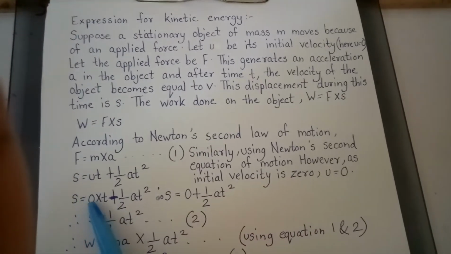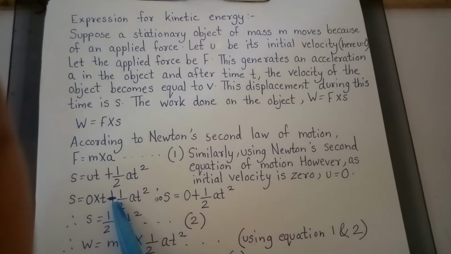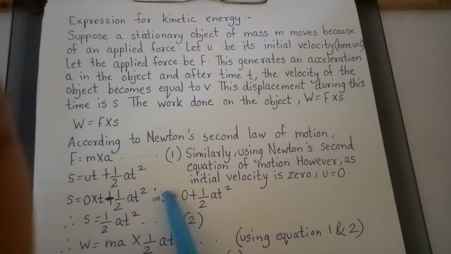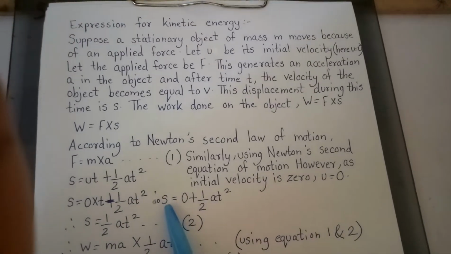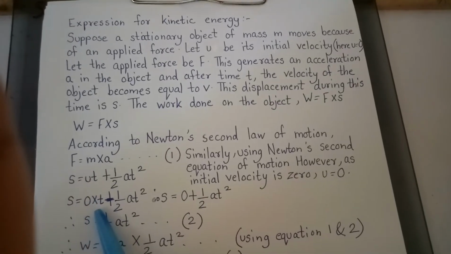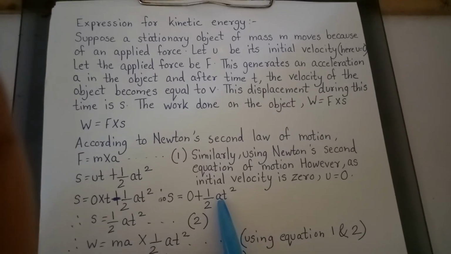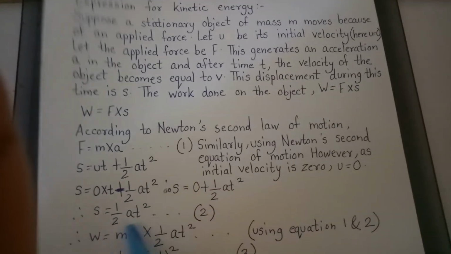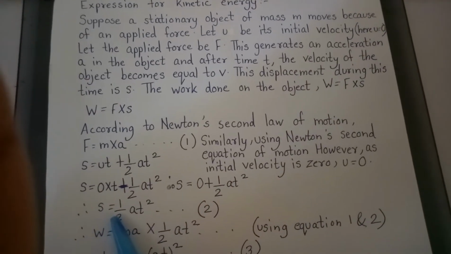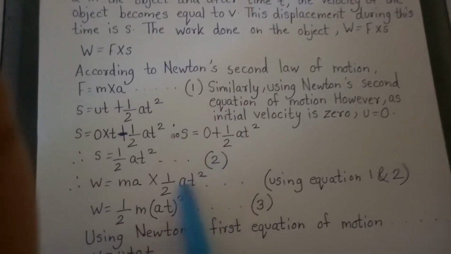So s is equal to 0 into t plus half at square. When anything is multiplied by 0, it becomes 0 only. So 0 plus half at square, that is s is equal to half at square. This is our equation second.